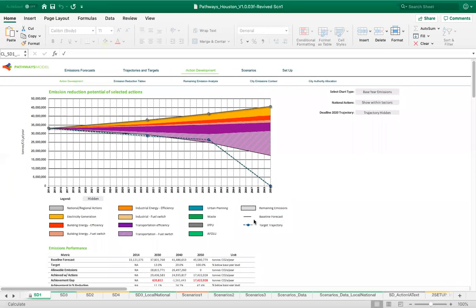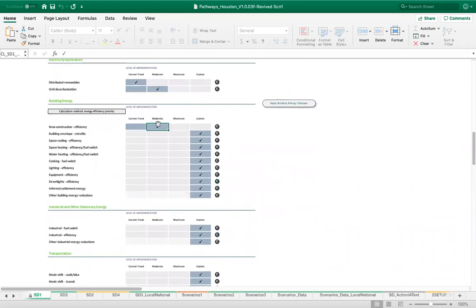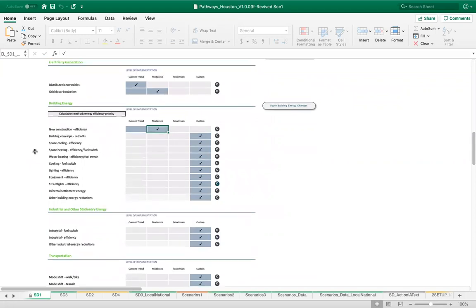There we go. And you can see now that we're starting to see the changes in that wedge diagram, so you can start to use this as an exploratory approach. You have your BAU set, you have your target set, and you can see rapidly what changes to a whole number of different policy areas might be.